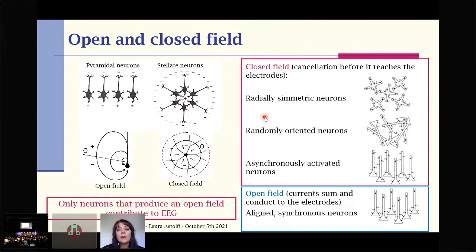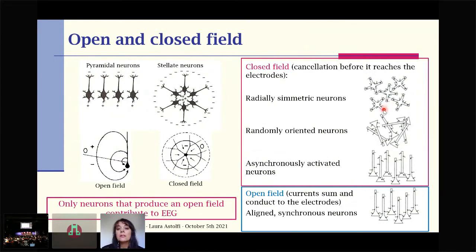What's important is the kind of electrical field that is produced by the group of neurons. So if the neurons are organized in a way that produces a cancellation between the currents they produce in the tissues, we will have a closed field which we are not able to detect from a distance.